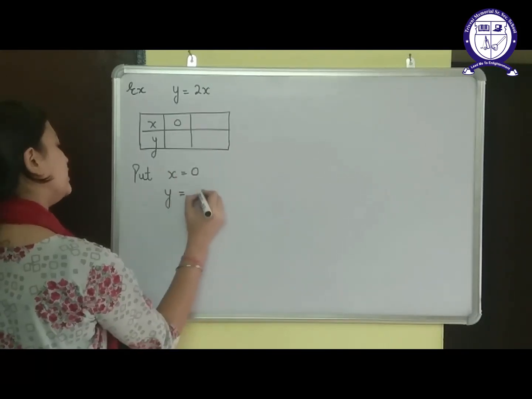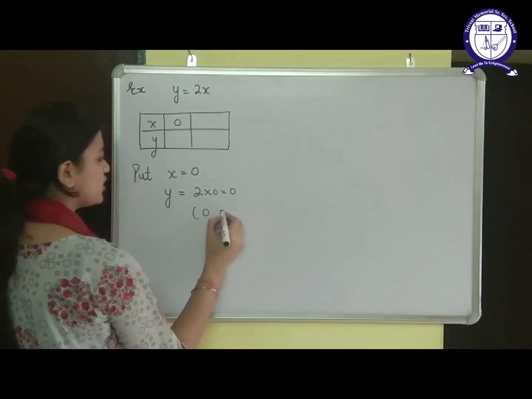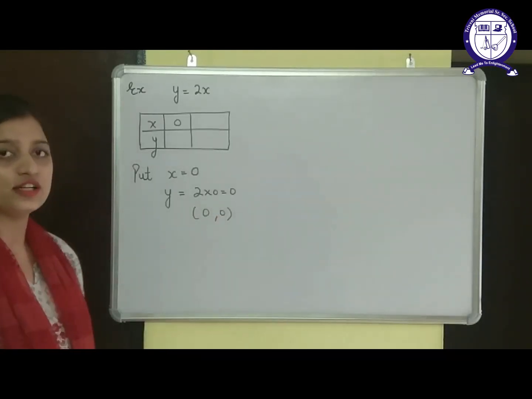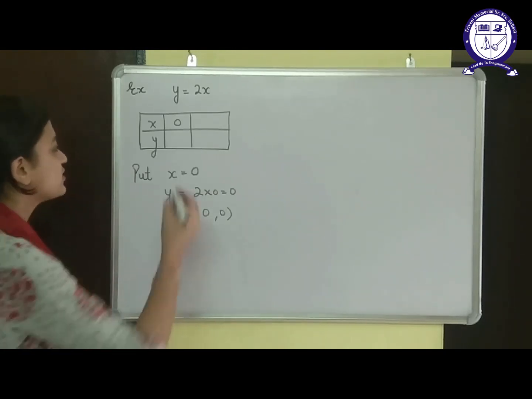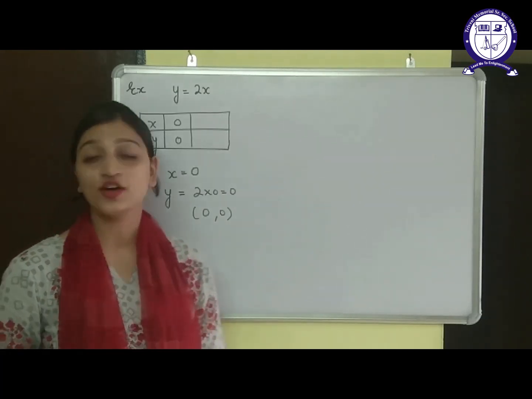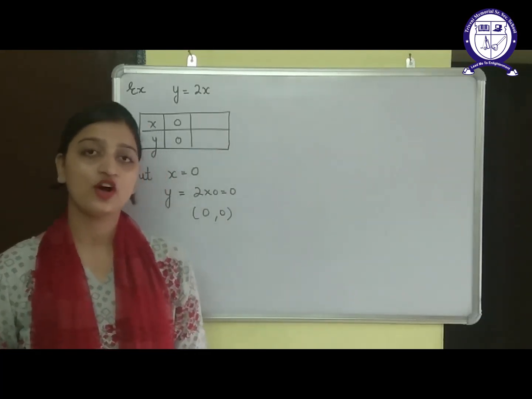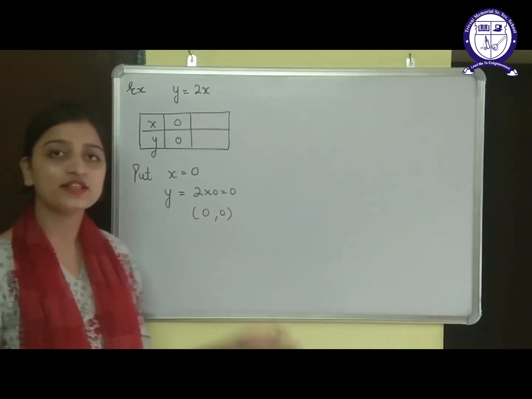Then y will be 2 into 0, that is 0. So 0, 0. Now in this question, for the value of x as 0, I got my y as 0 also. So for the second solution, I cannot take y equals to 0 because again I will get this point only. If y equals to 0, then x will be 0.